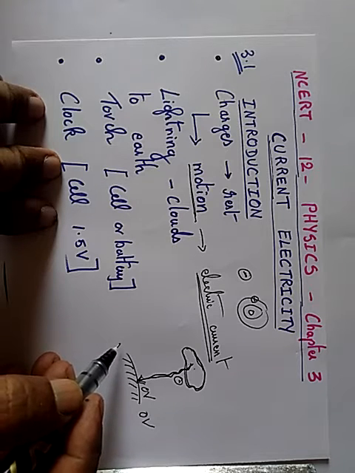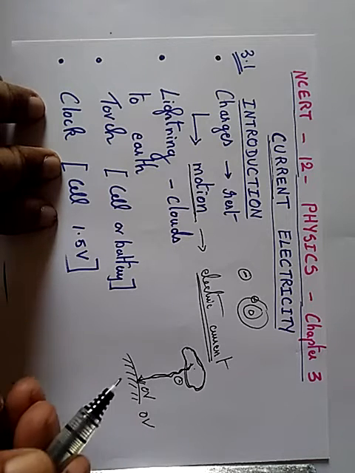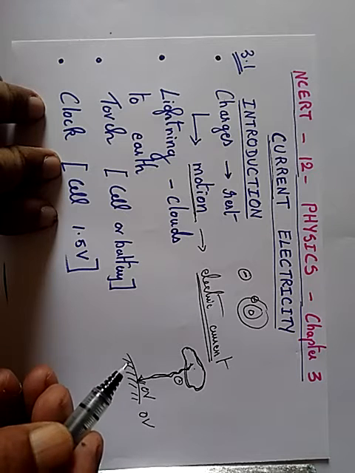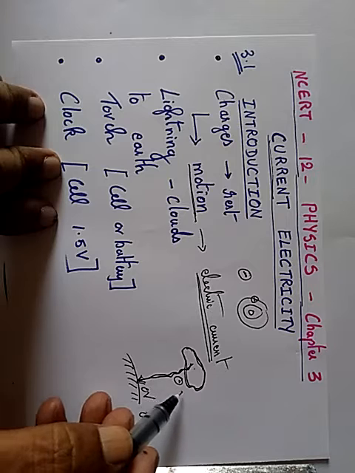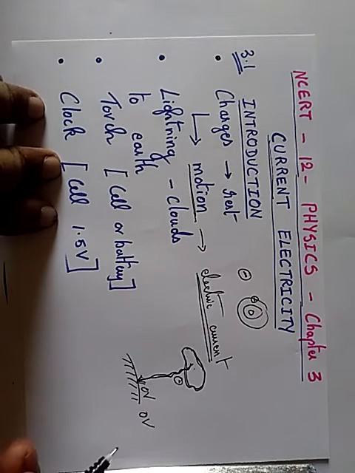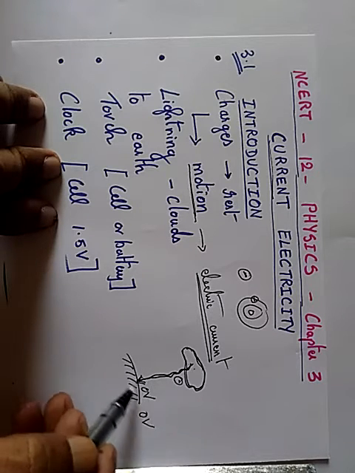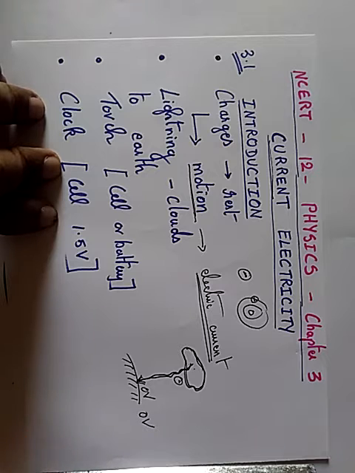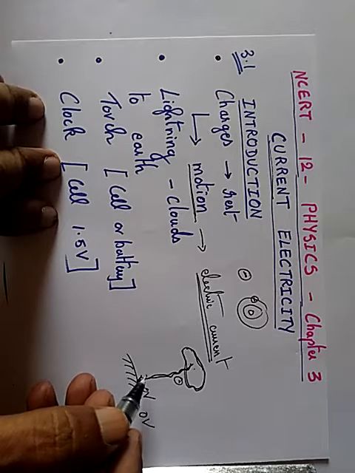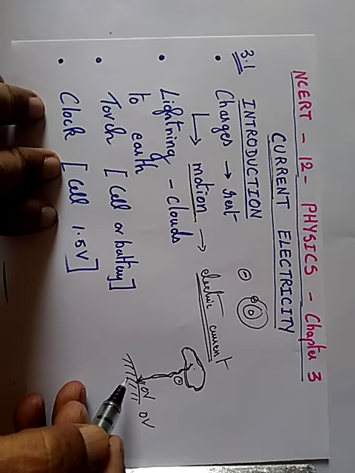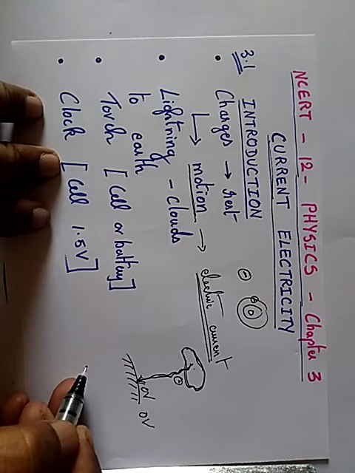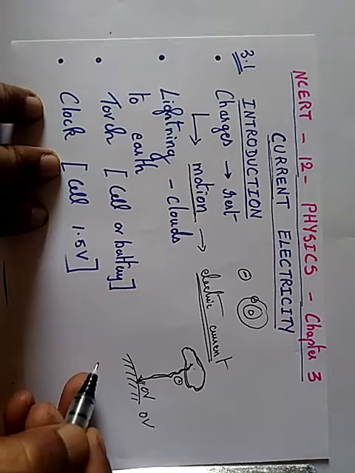So lightning is one such phenomenon in which charges flow from the clouds to the earth through the atmosphere. The atmosphere is nothing but our air. This can result in disastrous results, because it may sometimes damage our buildings if you don't put proper lightning arresters.